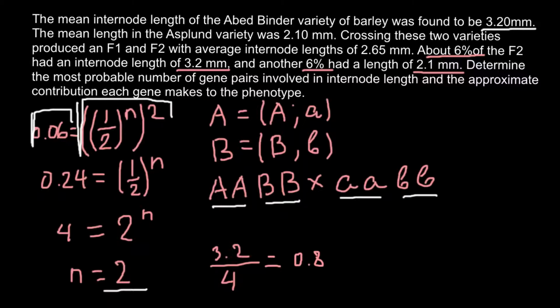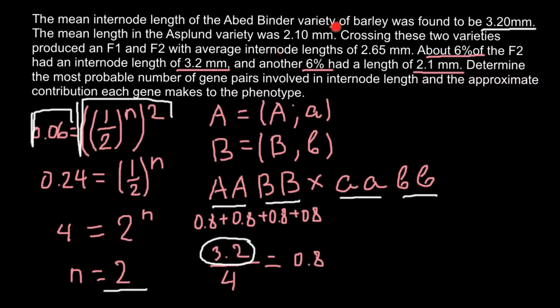So in other words, we can say 0.8 plus 0.8 plus 0.8 plus 0.8, and we are going to get 3.2 millimeters internode length.